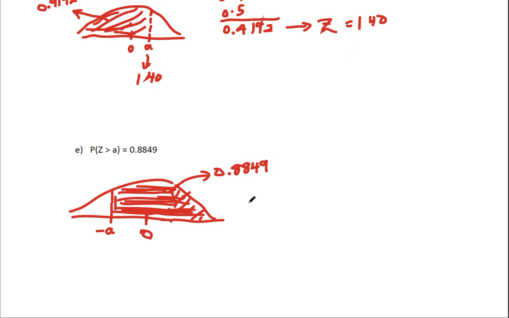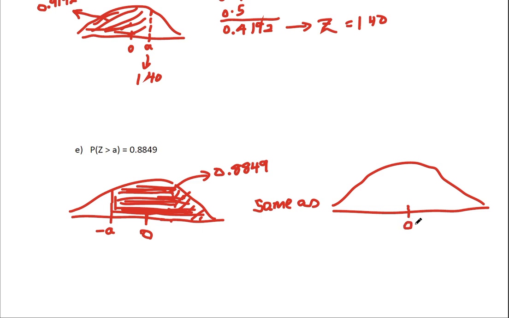Now we're going to have to use the symmetric properties of the curve to solve this problem. The area to the right of any negative value is the same as the area to the left of the corresponding positive value.